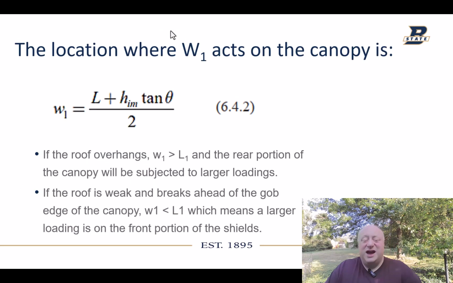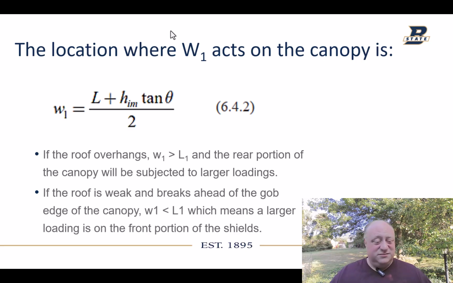And then the location where W1 acts on the canopy is found as little w1, or lowercase w1. And it's also a function of the length, right? The caving height, the angle of the cave, right? It's all a function of that. And if W1 is greater than L1, okay, the rear portion of the canopy will be subjected to larger loadings.